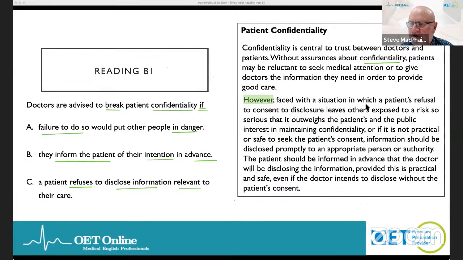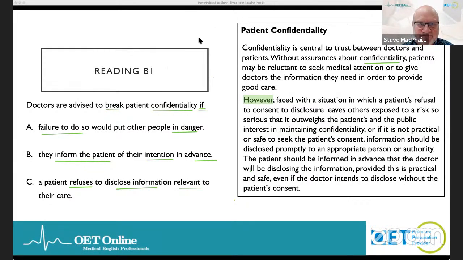However, faced with a situation in which a patient's refusal to consent or disclose leaves others exposed to a risk so serious that it outweighs the patient's and the public's interest in maintaining confidentiality, long sentence, or if it is not practical or safe to seek the patient's consent, information should be disclosed promptly to the appropriate person.